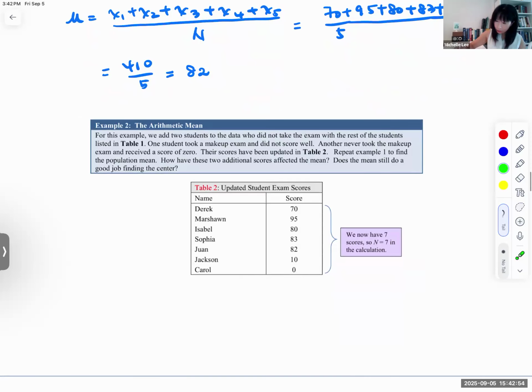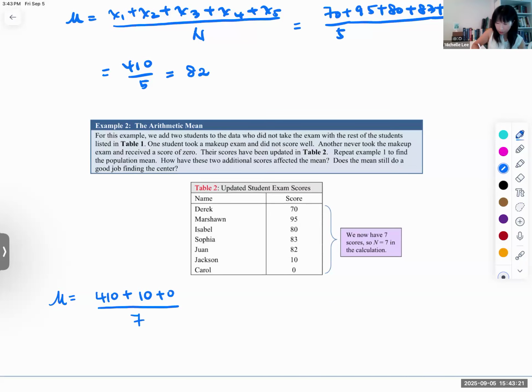Now mu equals, we had 410, and then add 10 plus 0. We don't have to add 0 in the addition, but if we want, we can, just to show that we added 2 more people there. The n is 7.